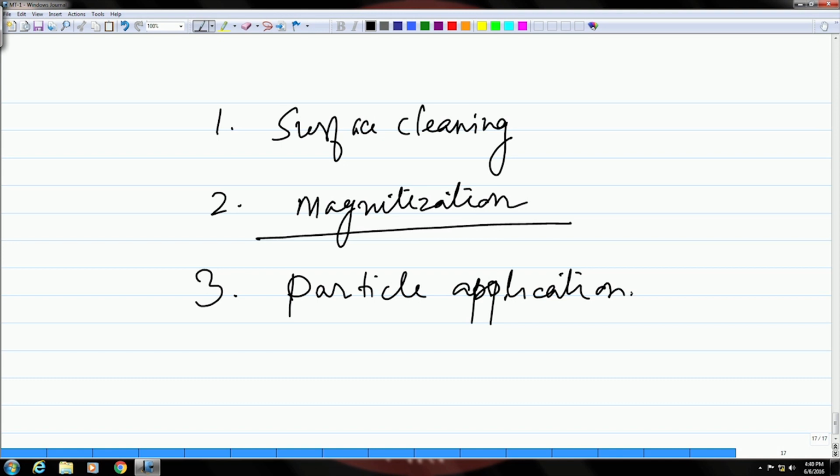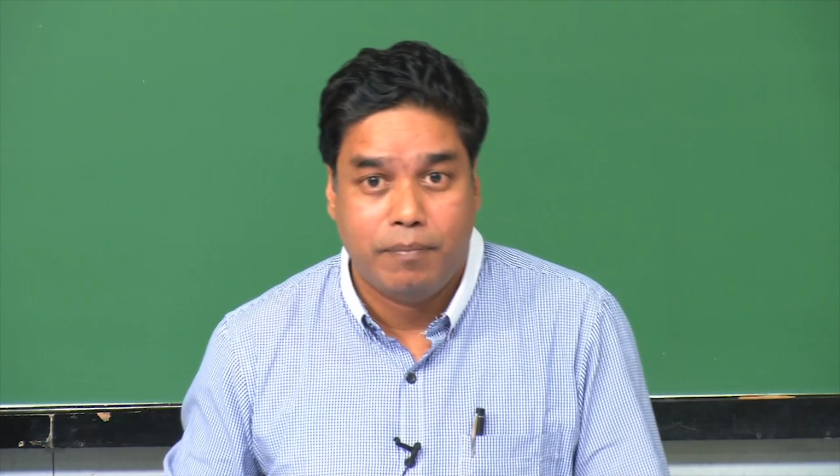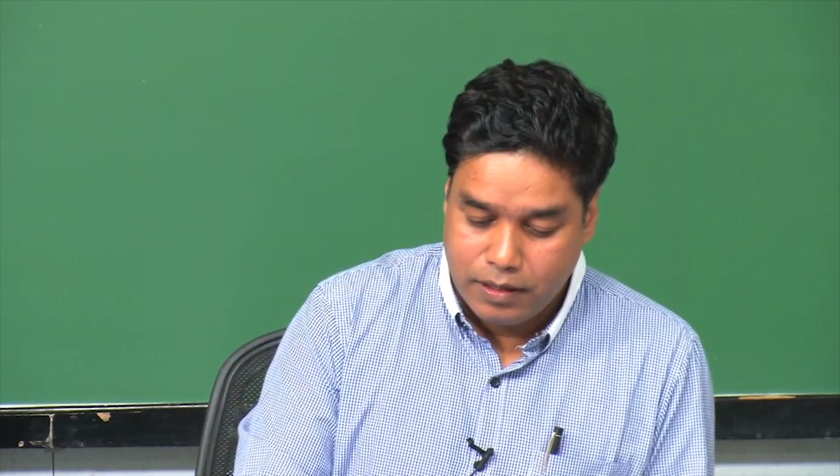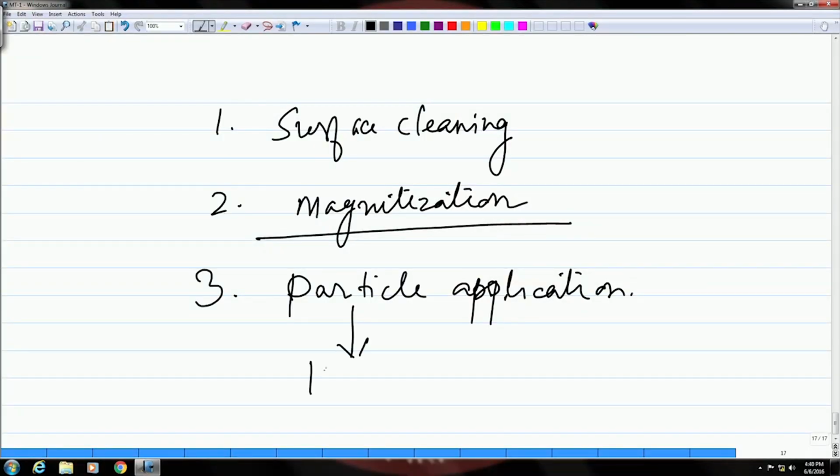You take some magnetic particles which have high magnetic permeability. The first property that they should have is high permeability.